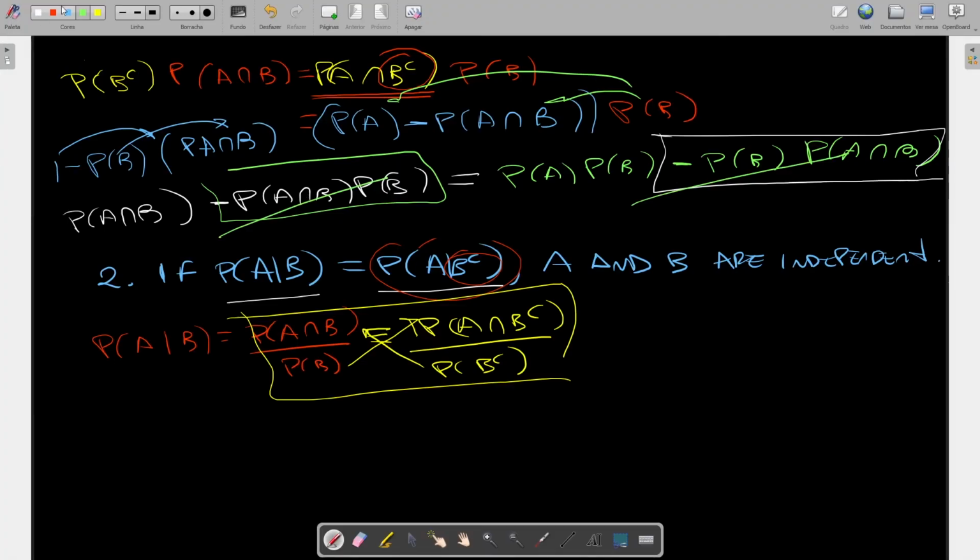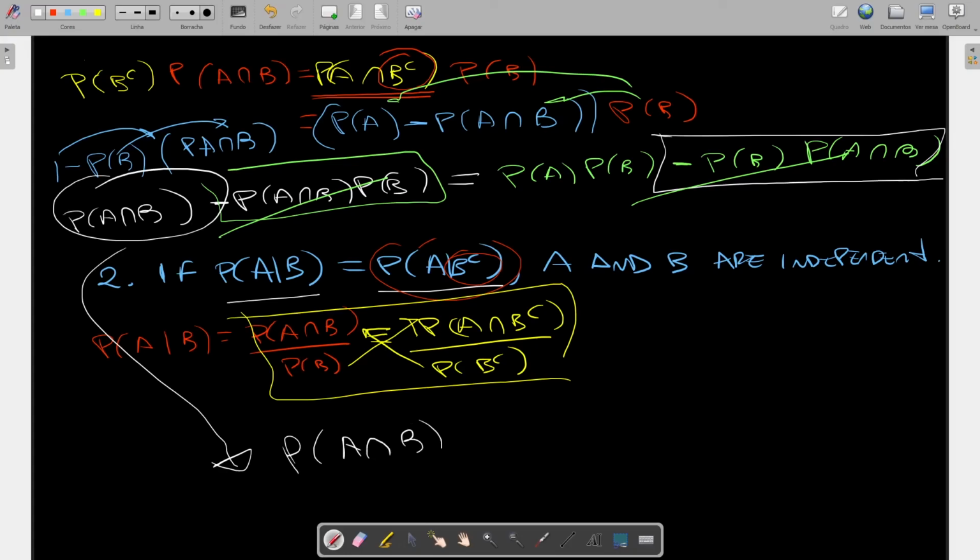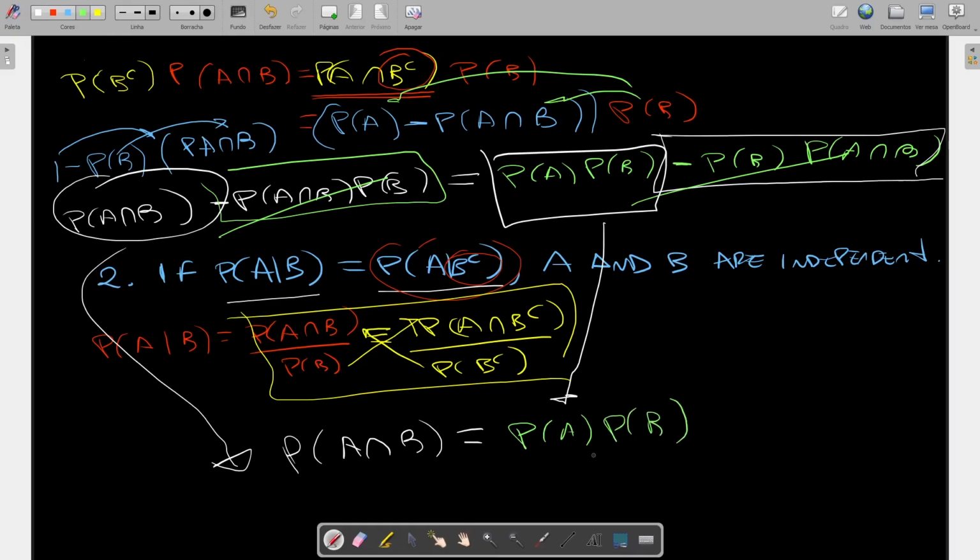And you notice that now you have the probability of A and B is equal to the probability of A times the probability of B, which is true because when A and B are independent, this happens. So this is true as well.